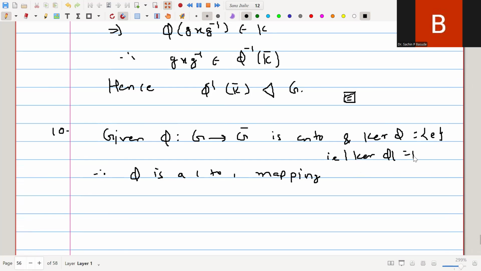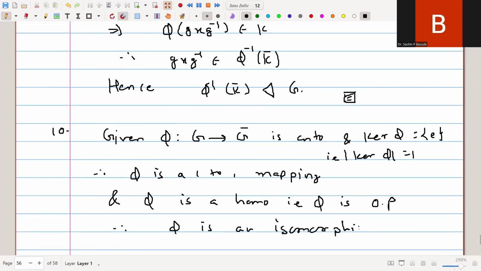If order of kernel is m, then it is m to 1, right? Now phi is onto, phi is 1-1, and phi is a homomorphism, that is, phi is operation preserving. Therefore, phi is an isomorphism. That was our target. So this completes this theorem.